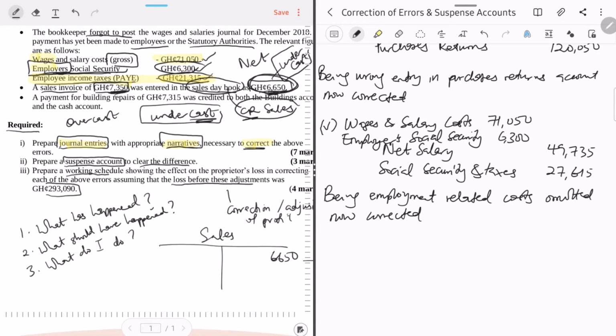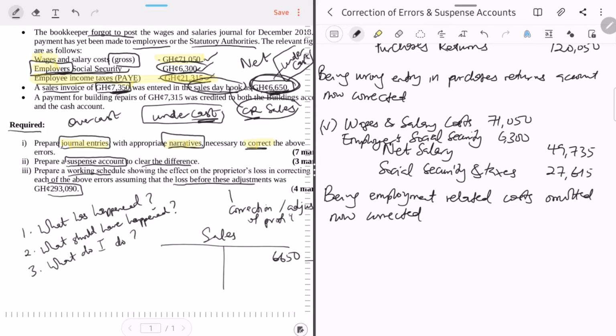What will I do to make 6,650 into 7,350? Obviously, it's to top up, to add. What's the difference? 7,350 minus 6,650 gives you 700. So when I put 700 here, the sum of these two figures will give me 7,350.